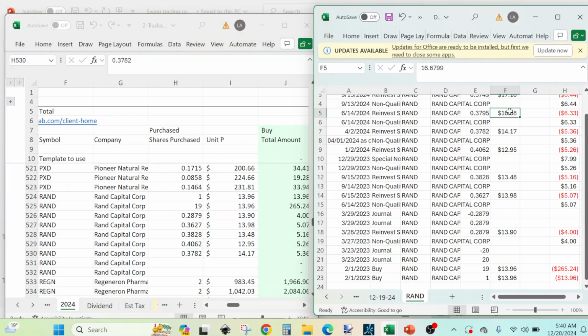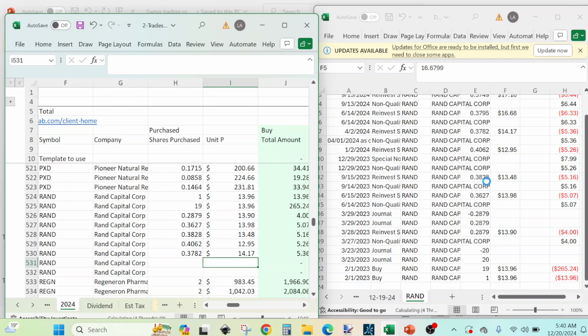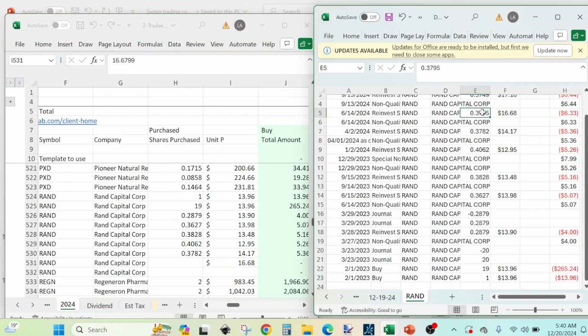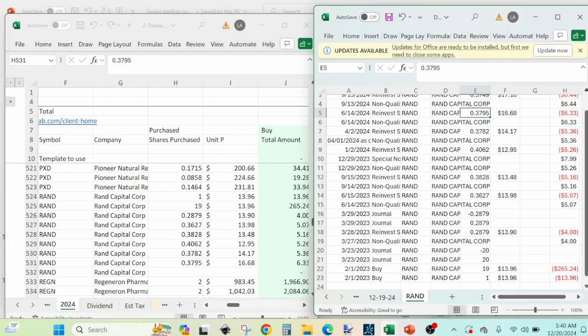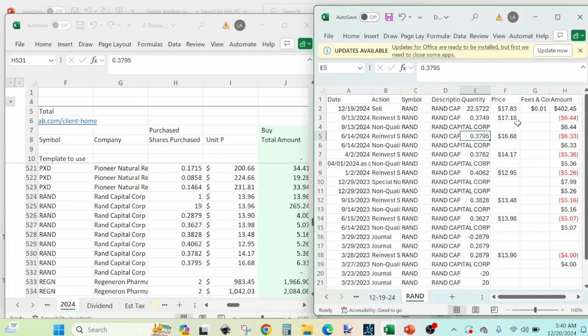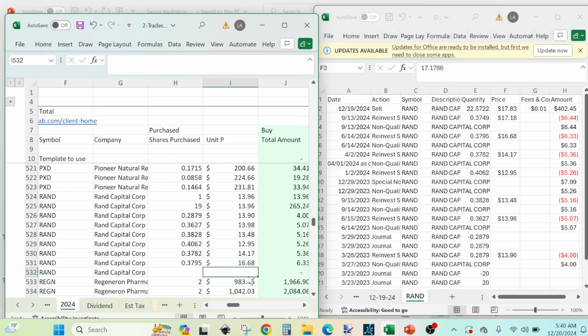The next one, the price went up as well. And let's see here, the price went up.